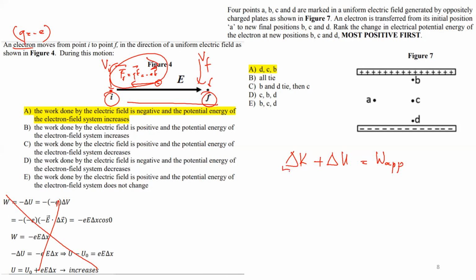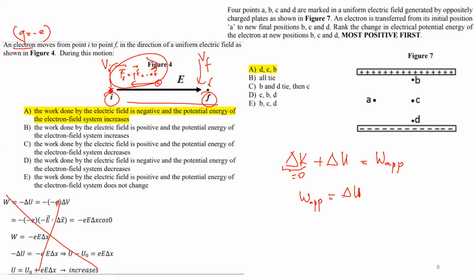Delta K is zero, of course, because we can assume that. It's a sensible assumption. It was at rest here, and I hold it with my work. So work applied is just delta U.